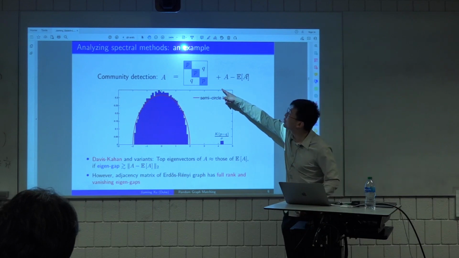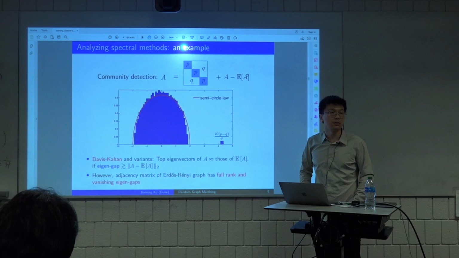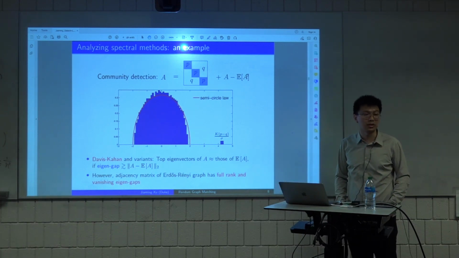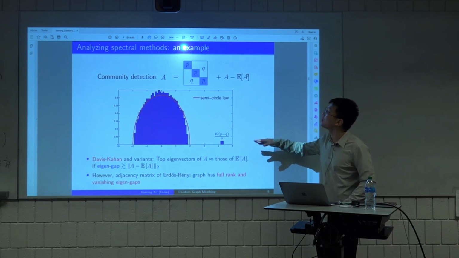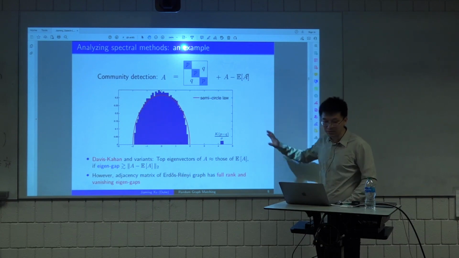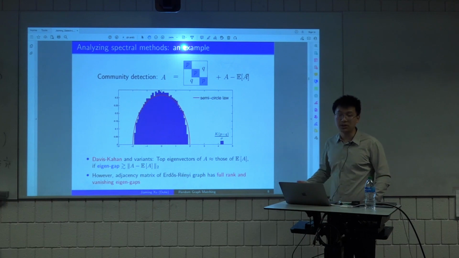And if you know the eigenvectors of the mean, then you can immediately recover the communities. That's the idea behind this spectral method for community detection. There are some other variations; in the sparse case, this picture is not exactly true and you need to do something else. But roughly, it's fair to say that many algorithms are based on this underlying low rank structure.